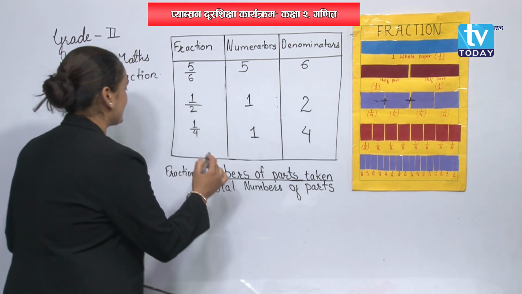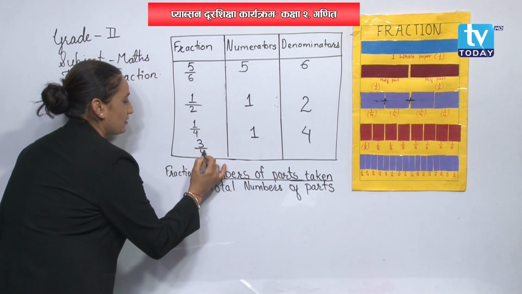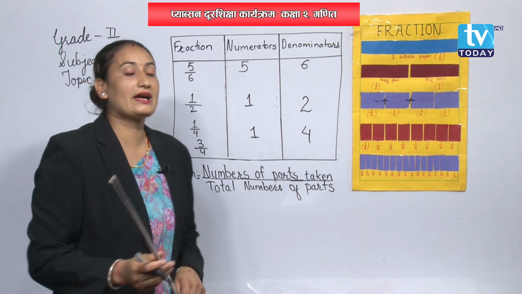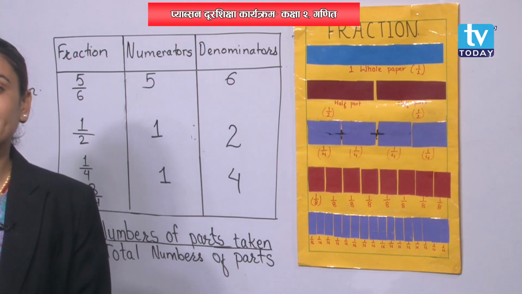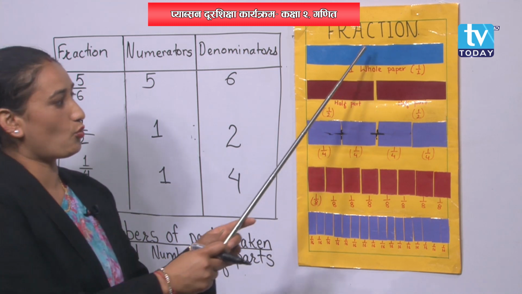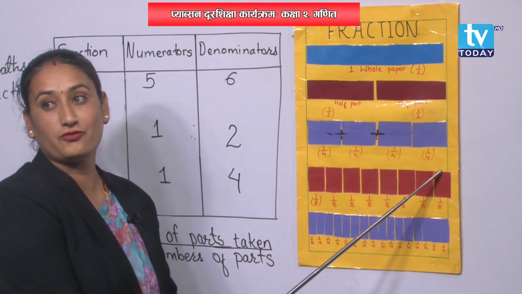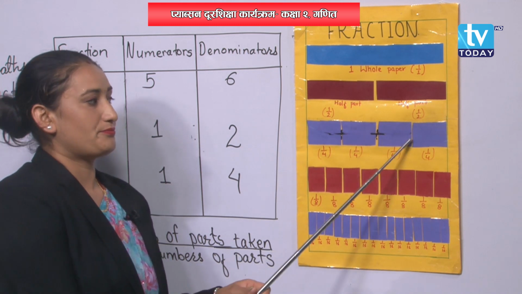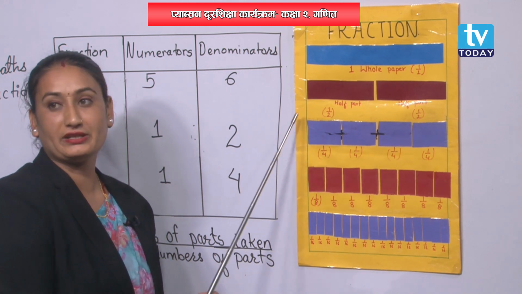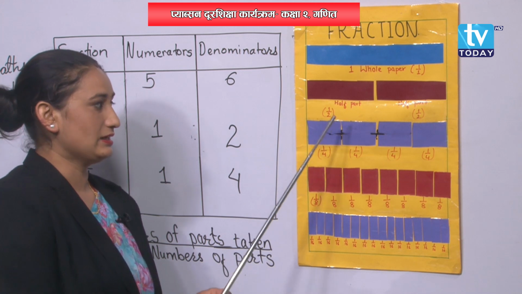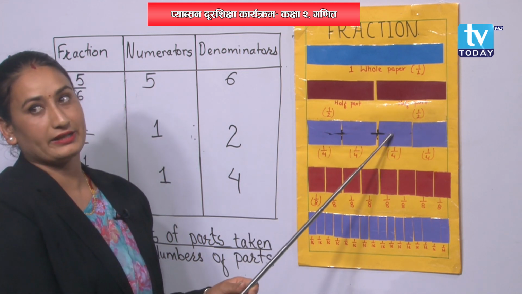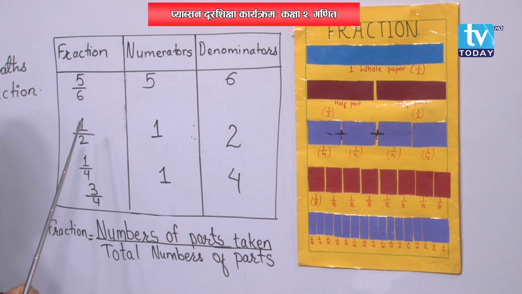So can we write here 3/4? Yes. Why have I written 4 at the bottom? Tell me. Because that whole paper is divided into 4 parts and each part is equal to each other. So you have to write 1, 2, 3. Count the parts and write the 3 in place of the numerator.